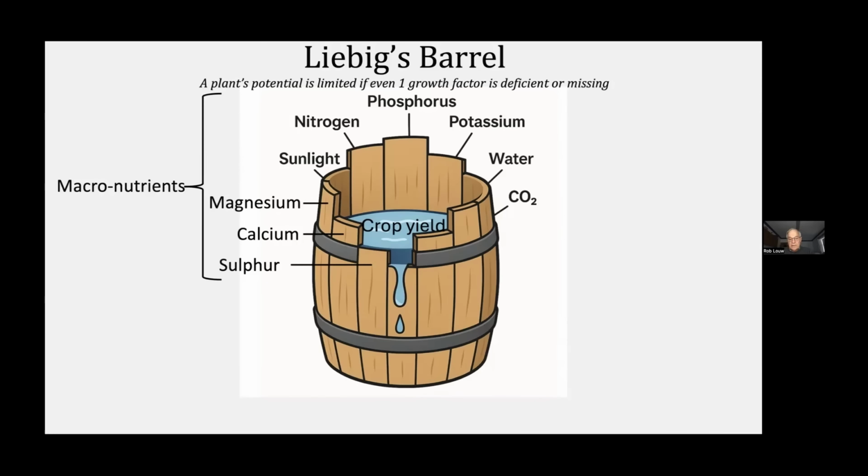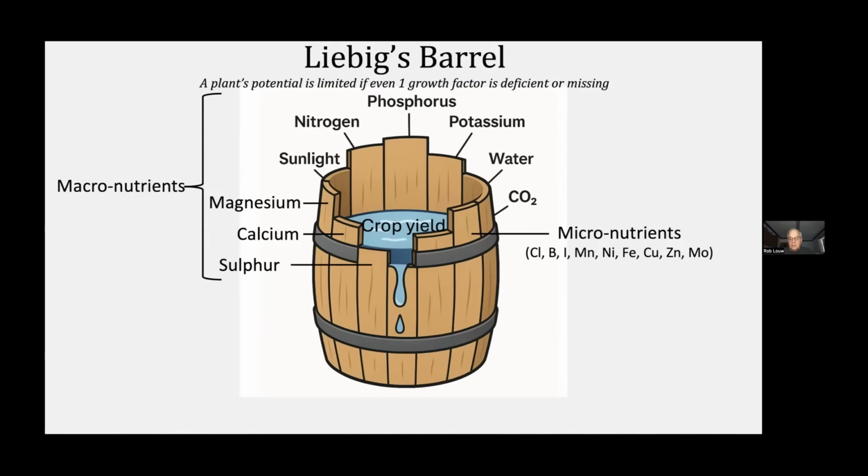What I have here is a barrel with vertical wooden slats cut to different lengths, and each slat corresponds to one of the macronutrients that the plant needs, from sulfur to nitrogen to potassium to carbon dioxide. Now, in addition to that, we also have micronutrients: chlorine, iodine, manganese, iron, zinc, molybdenum, and what have you. And all of these should actually have their own slat.